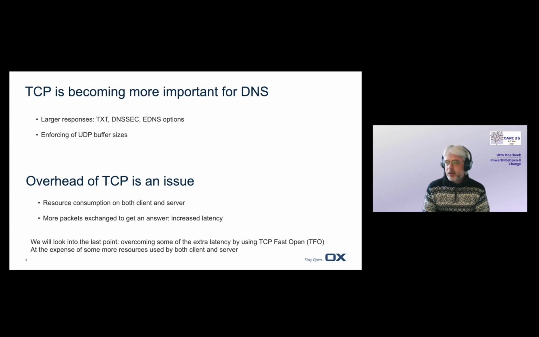Especially since, to avoid fragmentation in the UDP world, the buffer sizes originally suggested are now suggested to be much smaller than before. So the DNS protocol has to switch to TCP to get the answer to the client in more cases. That's already being seen by operators of recursors. Many more connections are using TCP.